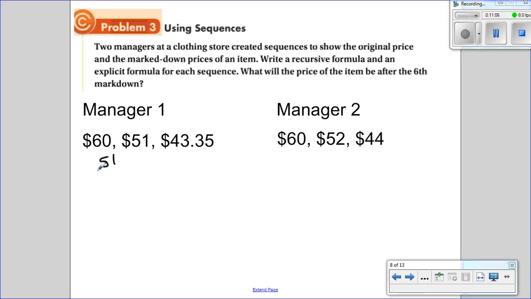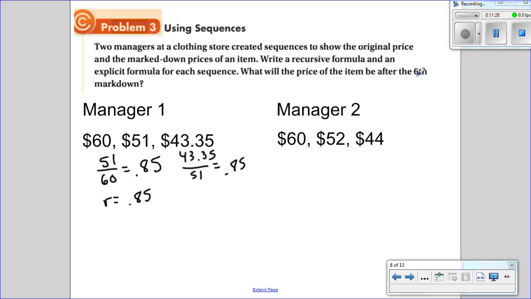So we take 51 divided by 60, and we get 0.85. And if we take 4335 divided by 51, we get the same thing, 0.85. So there's our common ratio, R, 0.85.